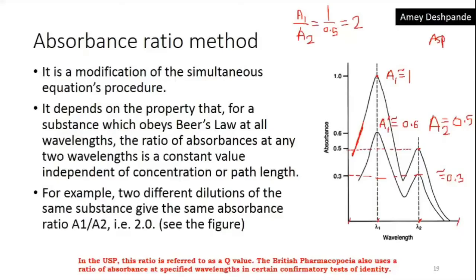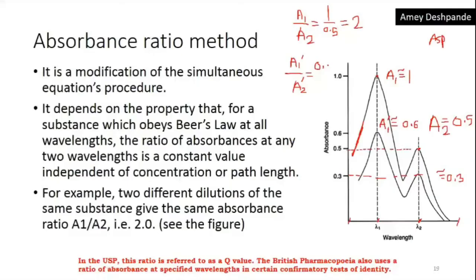It was approximately equal to 0.3. So in this case, if I calculate the ratio of absorbances A1 dash upon A2 dash, it equals 0.6 divided by 0.3.